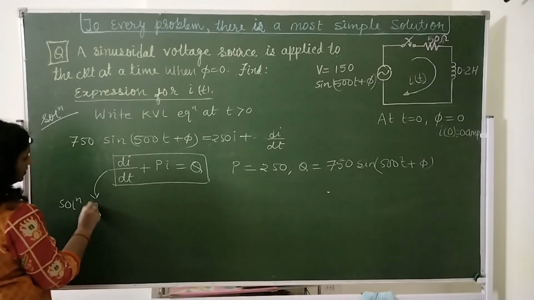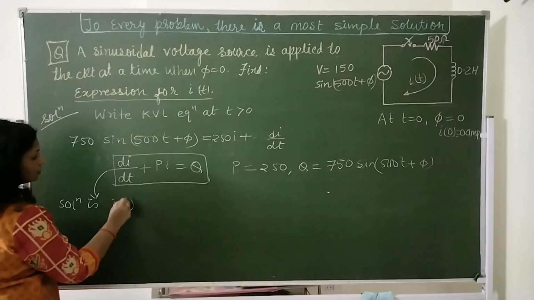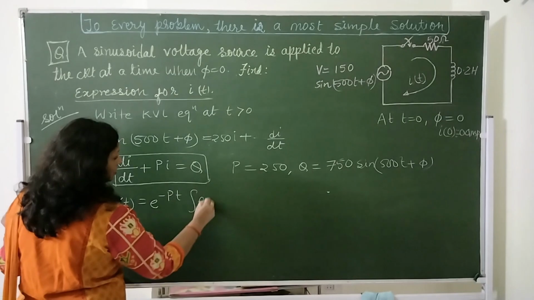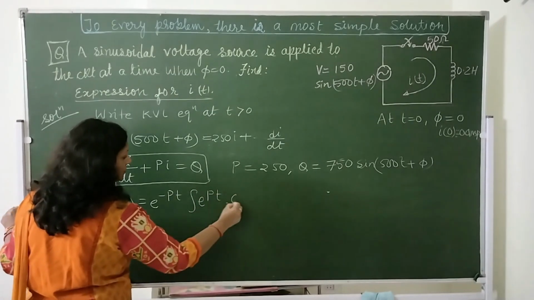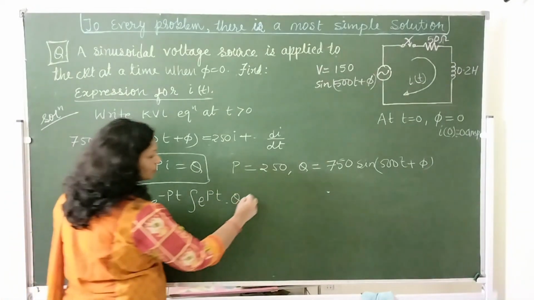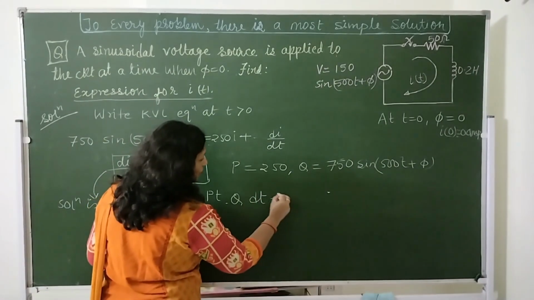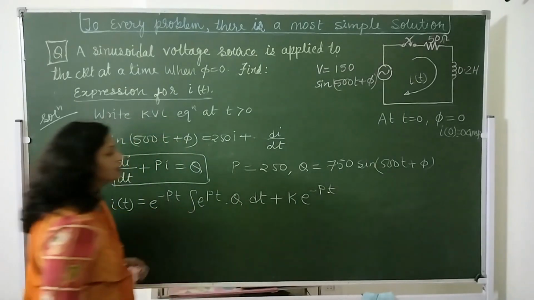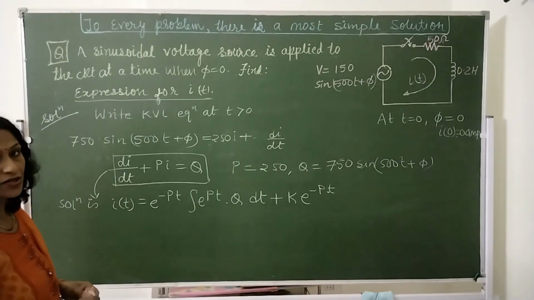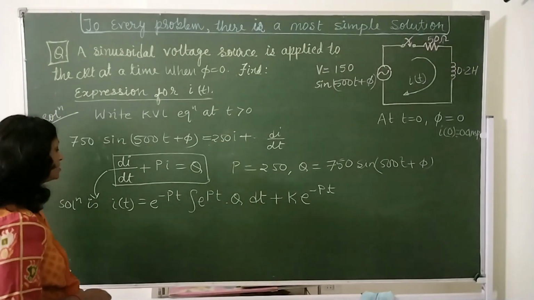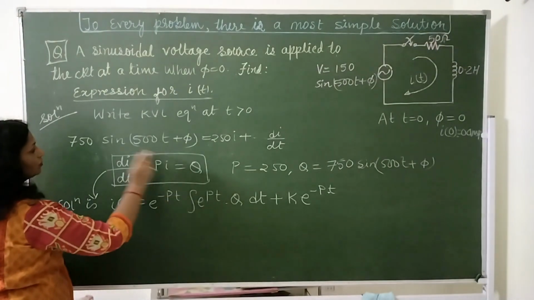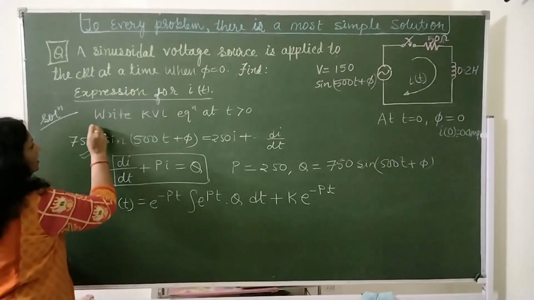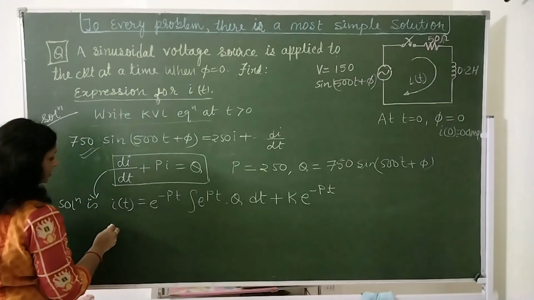The solution is i(t) equals e to the power minus Pt times the integration of e to the power plus Pt multiplied by Q, integrated with respect to t, plus K e to the power minus Pt. This is the solution of the general differential equation, and substituting the values of P and Q, we can get the solution of the differential equation that we derived after writing KVL.